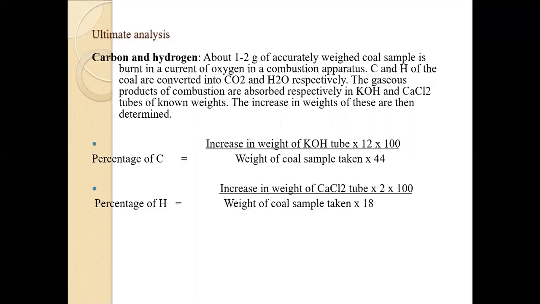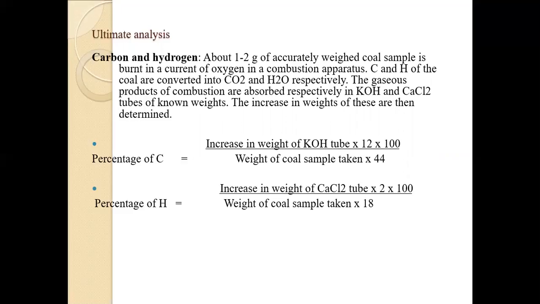How do we find out the carbon and hydrogen content present in the coal? First, we take 1 to 2 grams of accurately weighed coal sample, and it is burnt in a current of oxygen in a combustion apparatus. The carbon and hydrogen of the coal are converted into carbon dioxide and moisture, that is H2O, when it is burnt.